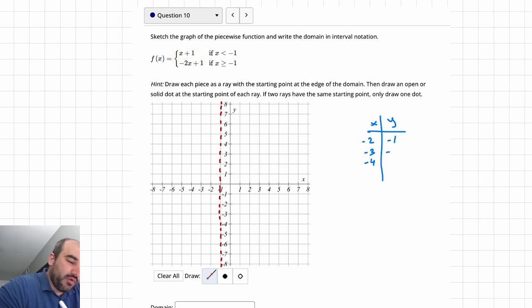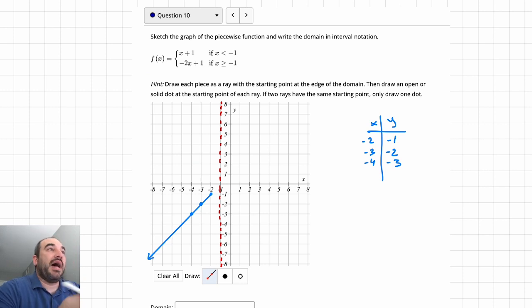So this will be -1, this will be -2, and this will be -3. So I can start by plotting those points, -2 comma -1, -3 comma -2, and -4 comma -3. So it looks like the line is going down this way.